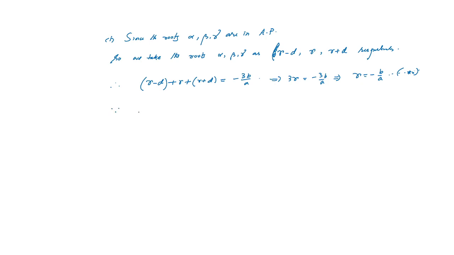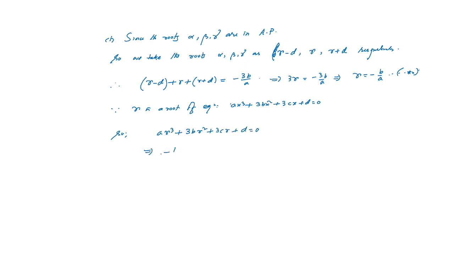Again, since r is a root of the equation ax cube plus 3bx square plus 3cx plus d equals 0, we must have a r cube plus 3b r square plus 3c r plus d equals 0.